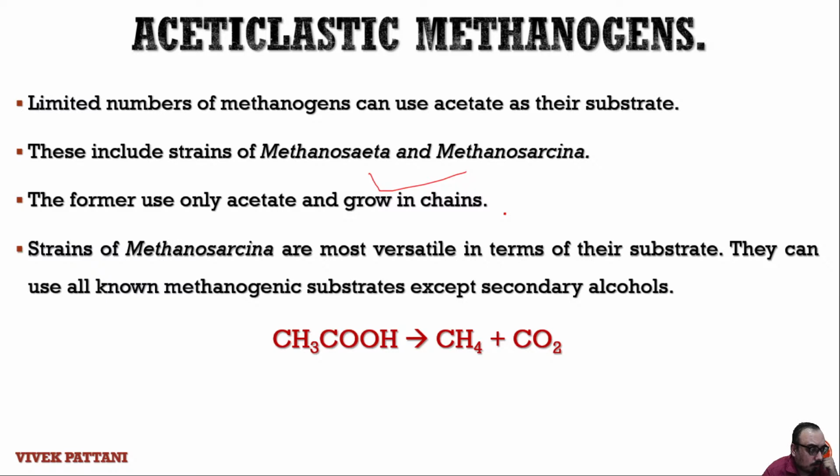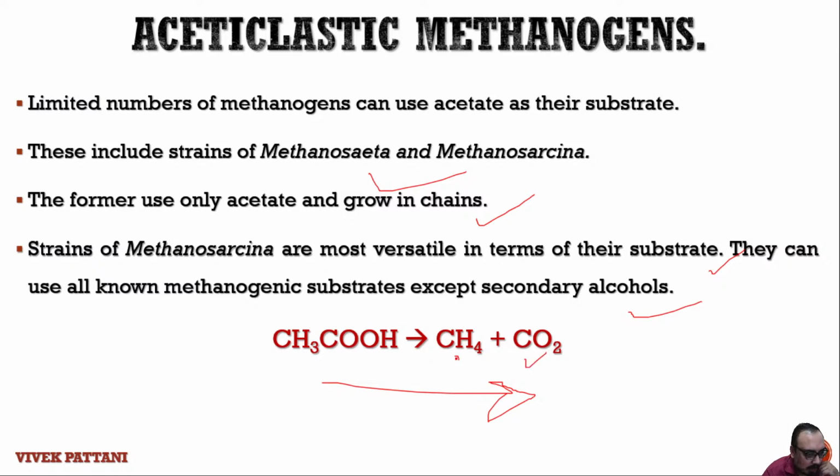The former only uses acetate and grows in chains. The strains of Methanosarcina are most versatile in terms of their substrate, and they can use all known methanogenic substrates except secondary alcohols.